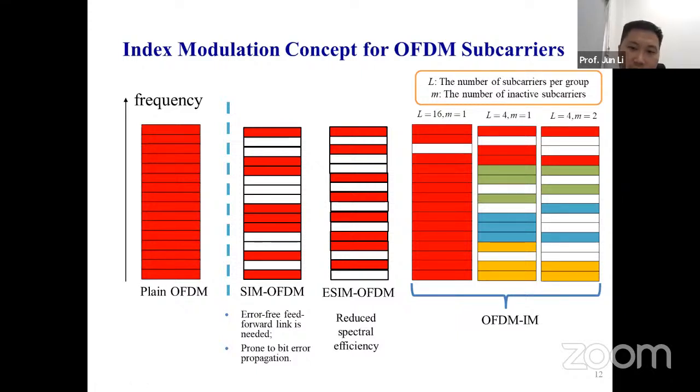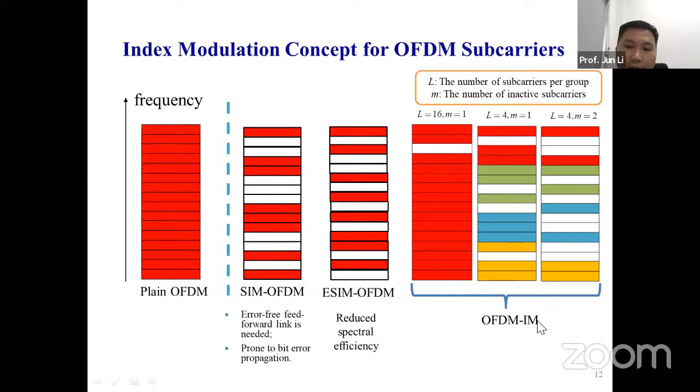Then, at the receiver side, it is quite easy to detect the number of subcarriers, the active pattern of the subcarriers, and also the modulation symbols, right? For the conventional OFDM, the receiver will check all of the subcarriers, which symbol is transmitted through the first one, the second one, until the last one.